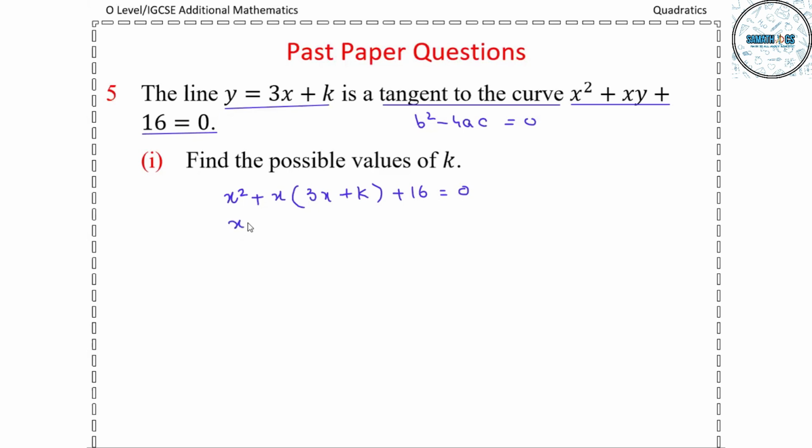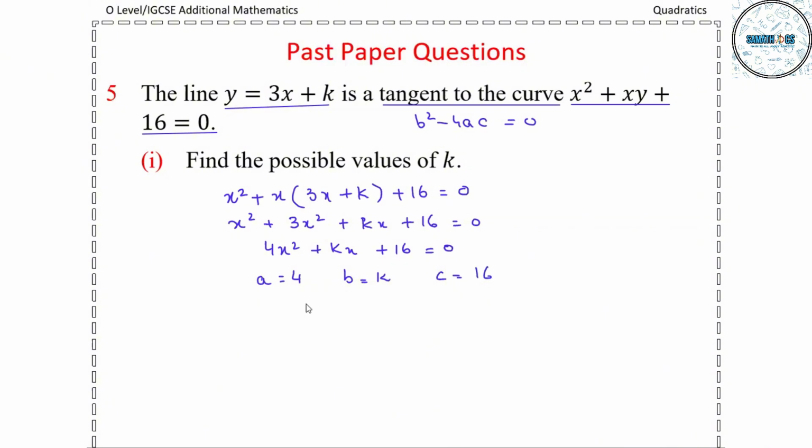We'll simplify: x squared plus 3x squared plus kx plus 16 is equal to 0. Finally, we have 4x squared plus kx plus 16 is equal to 0. Now we can write down the values of a, b, and c. A is 4, b is k, and c is 16.